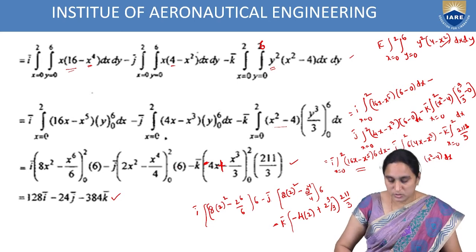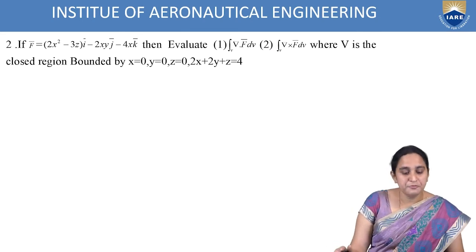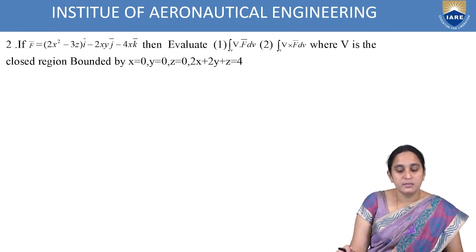Next I'll go through the second question here. If f bar is equal to 2x square minus 3z into i bar minus 2xy into j bar minus 4x into k bar, then evaluate here two questions. What is the form of the first question? Integral v del dot f bar dv.